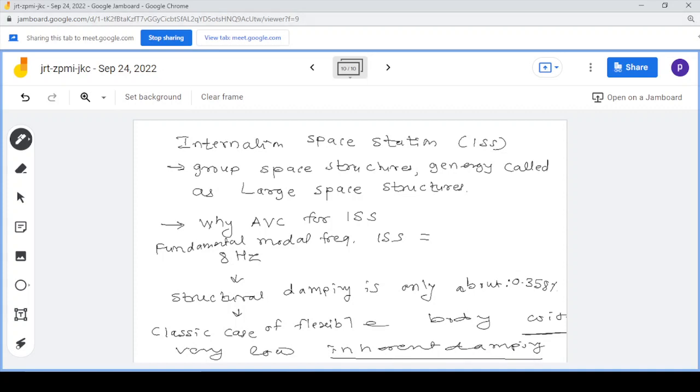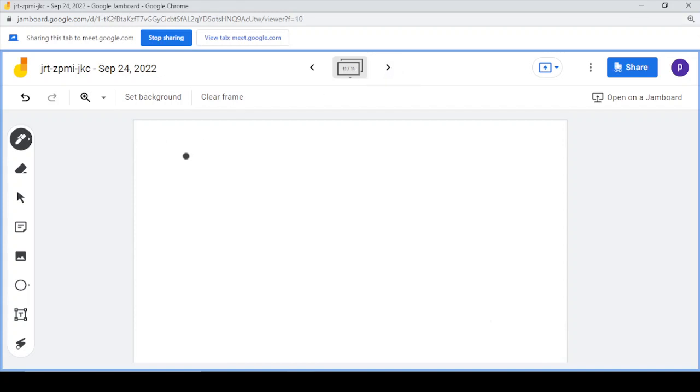In such a case, if we use passive vibration techniques, there might be a very large increase in the weight. So active vibration control is the only feasible solution. If poor damping in the absence of air causes continuous vibration of the structure, there might be a fatigue failure of different parts of the ISS.